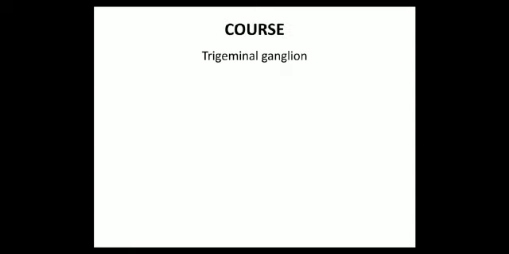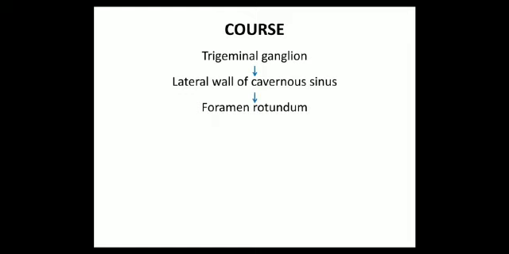First, it emerges from the anterolateral aspect of the trigeminal ganglion and reaches the lateral wall of the cavernous sinus. From there it passes through the foramen rotundum and enters the pterygopalatine fossa.